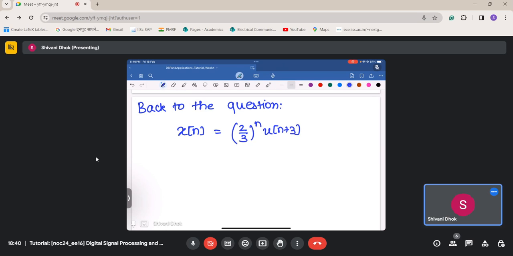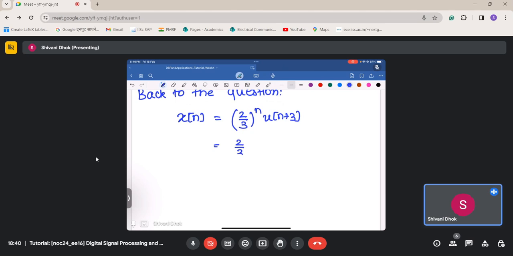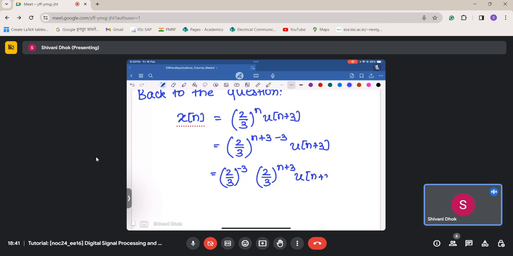Now I'll write this as 2 by 3 to the power n plus 3 minus 3 into u of n plus 3. So this is equal to 2 by 3 to the power minus 3 into 2 by 3 to the power n plus 3 into u of n plus 3.